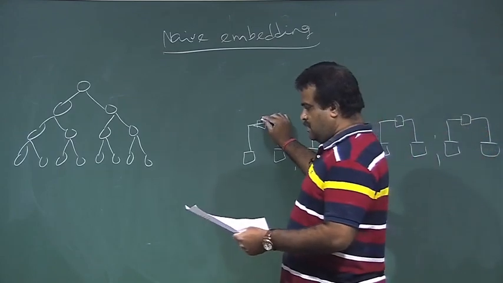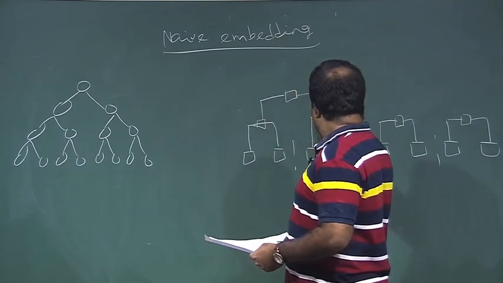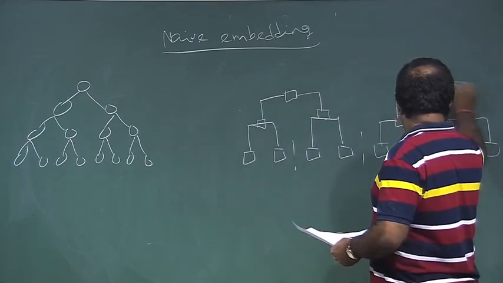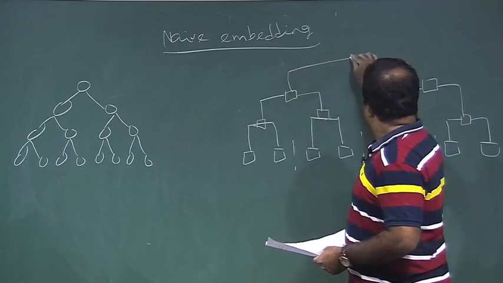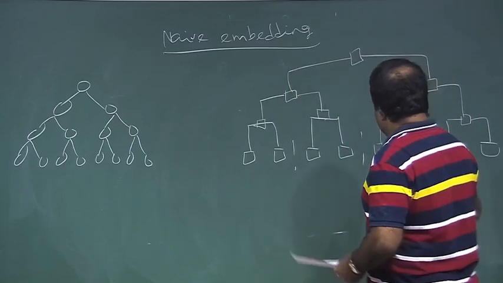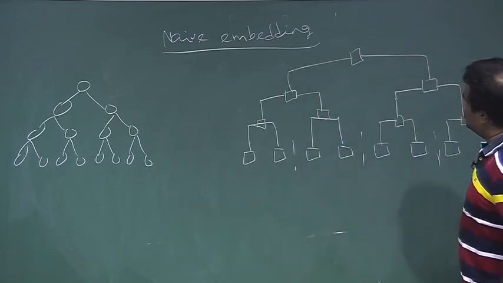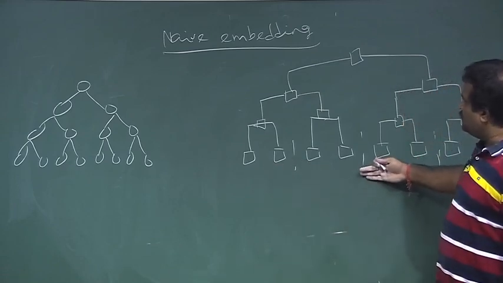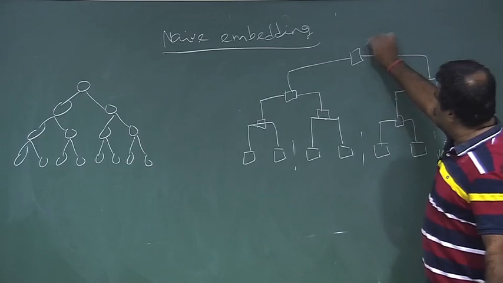Then again we take this, again we take this like this. Okay, so this is the naive embedding. We just start with this leaf node, then we slowly build up, and this is the root.